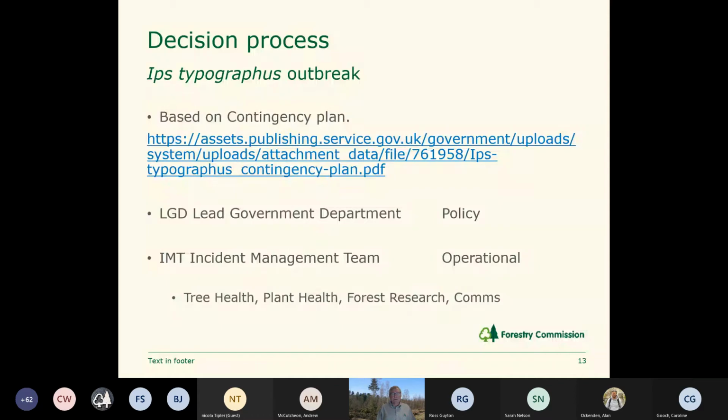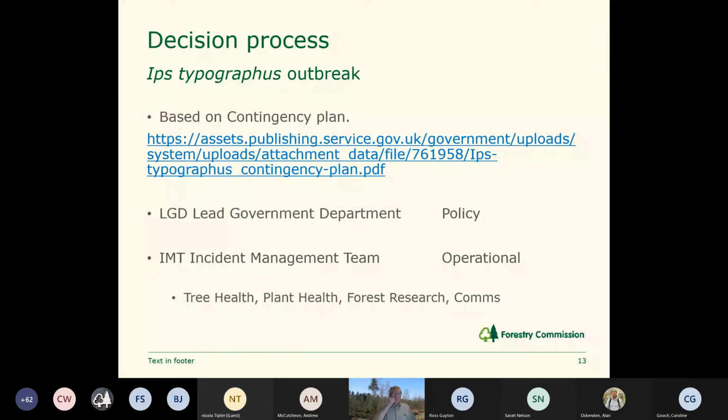We've got comms support in there. We engage with the private sector, with the processing sector, with the landowning sector, with Forest Services. We're steered in terms of policy by the lead government department, but that's obviously a bit of a two-way conversation.